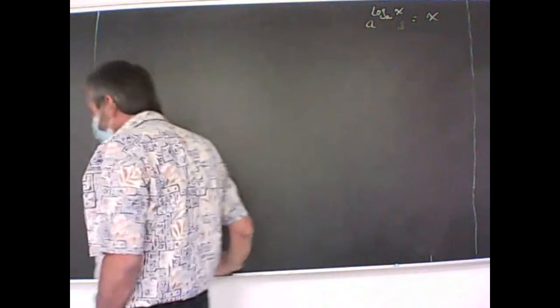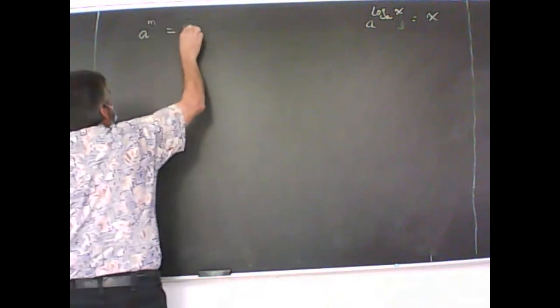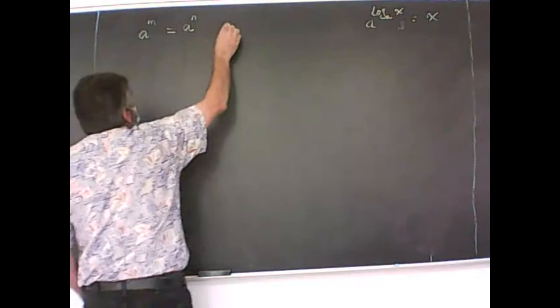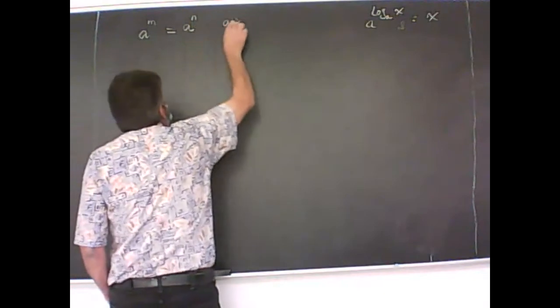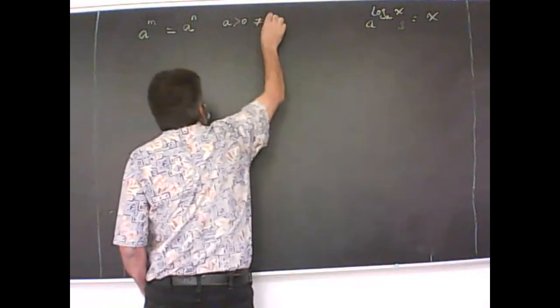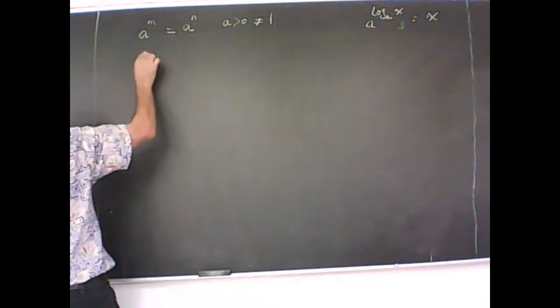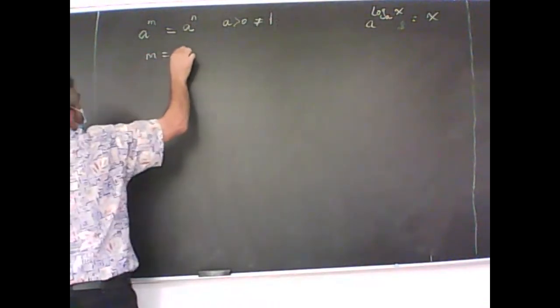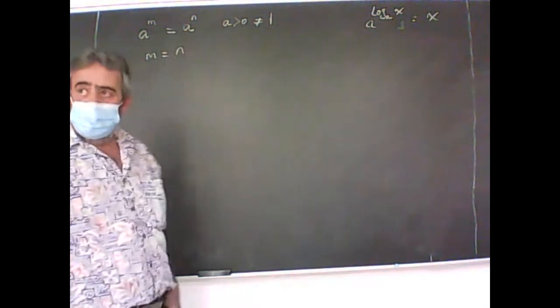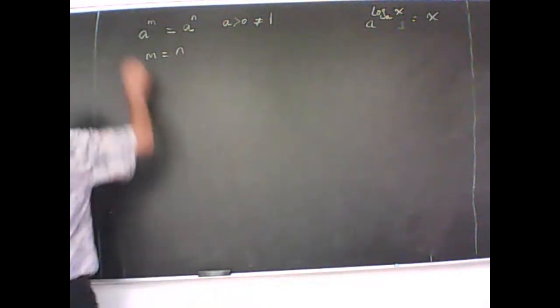Now let's take a look at some exponential equations. We have a to the power m equals a to the power n, with a positive and not equal to 1, then m must equal n.